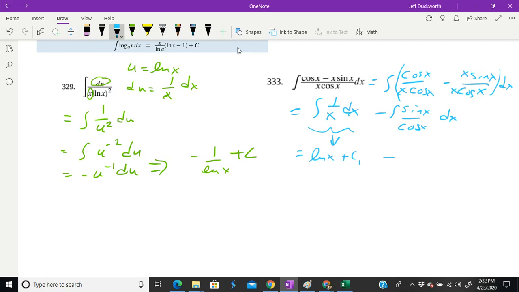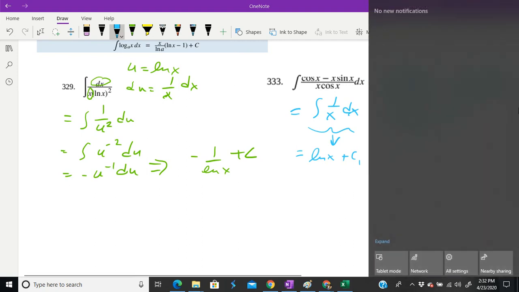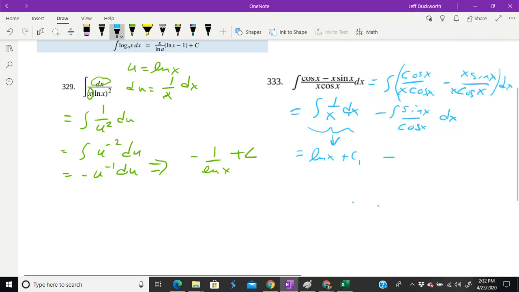All right, so we'll let u equal cosine of x. Which makes our du equal the negative sine of x dx.